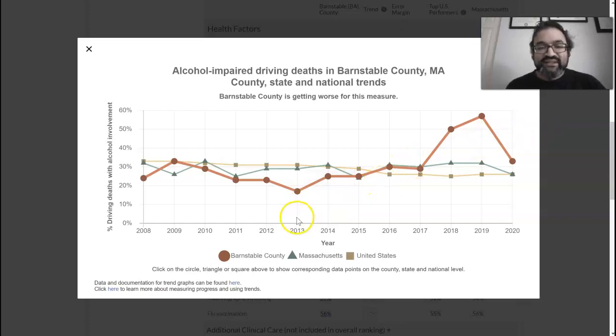It seems like there was a slight increase in Barnstable County versus the rest of Massachusetts, which is green and stayed stable. This is a bit alarming, something to take a look at again in 2021, 2022 data.